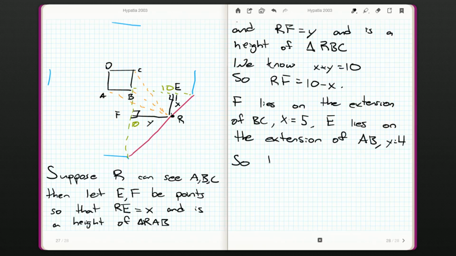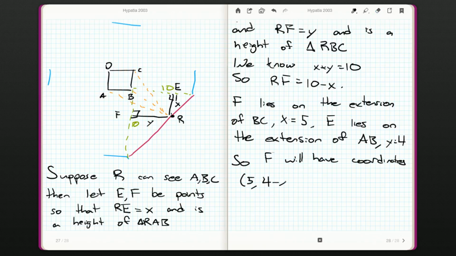So R will have coordinates. Now, how do I want to say this? Let's figure out the coordinates of E and F first. So F will have an x coordinate of 5 and a y coordinate of, well, it'll be below 4 by x amount.